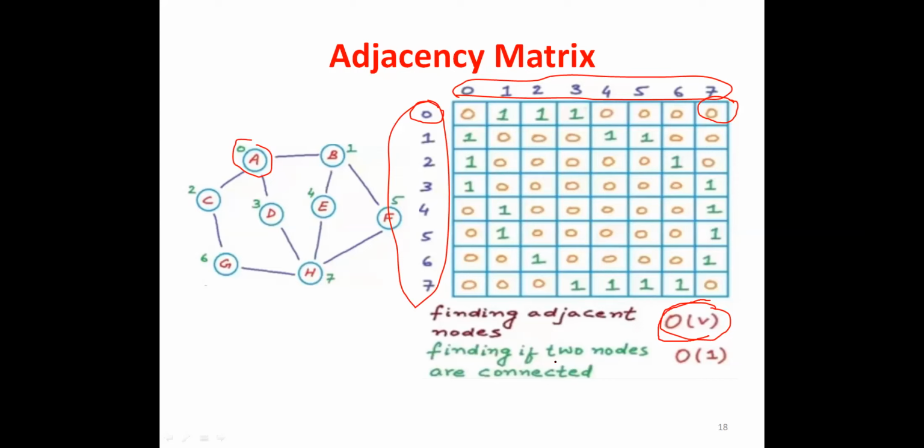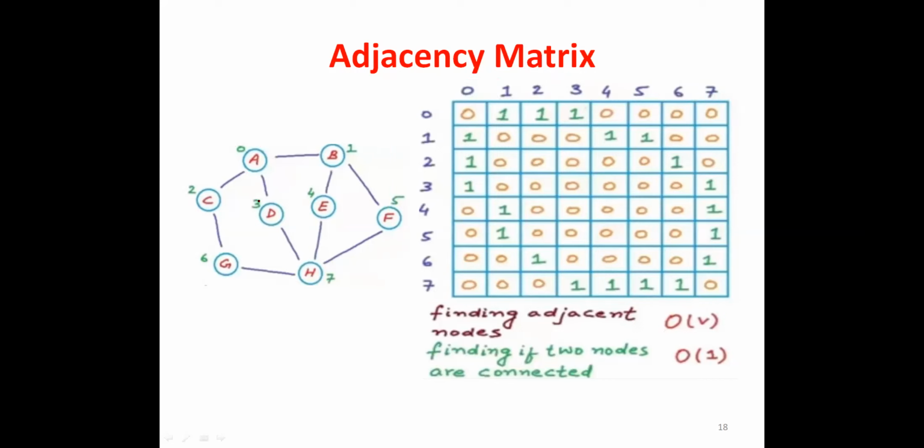If I want to find whether two nodes are connected, for example, let's take this cell, 7 and 4. 7 represents H here, and 4 represents E. I can go directly to 7, 4 and find the value.